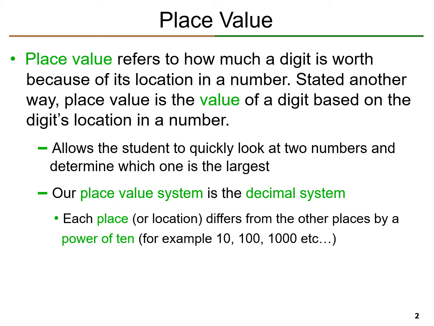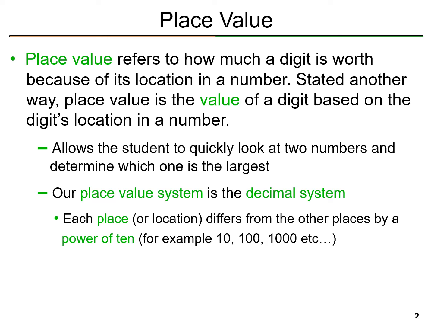Place value is associated with a digit. Remember the digits 0 through 9. Where we put those digits determines the value of the digit. The place is always worth the same amount, but where we place the digit in a number determines that digit's worth.